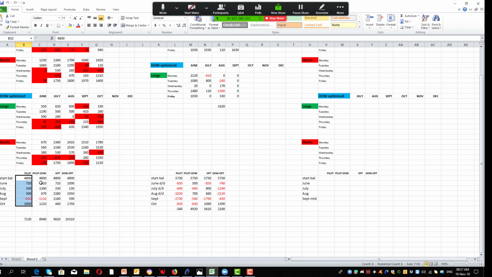That's doing nothing to the system. Option 2 was tracking the system, but if a day of the week started to lose money or got negative, so there was no profit on that day, we broke it up Monday, Tuesday, Wednesday, Thursday, Friday, as you can see here, then we would drop that day of trading. So that day would not be traded for the next month.